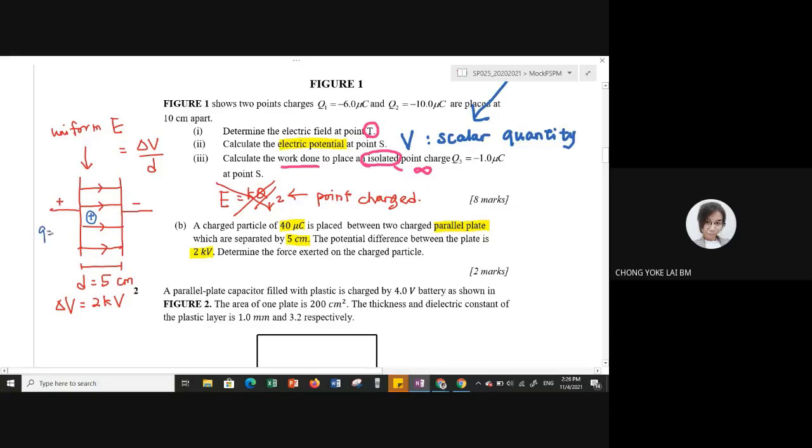So, the Q is 40 microcoulomb. I want to find the force exert on the charge particle. So, saya nak cari F. Kita faham semua any charge particle, kalau kita letak dalam electric field, dia akan ada electric force. Contohnya kalau charge ni charge positif, dia akan rasa electric force tarik dia ke plate negatif lah.